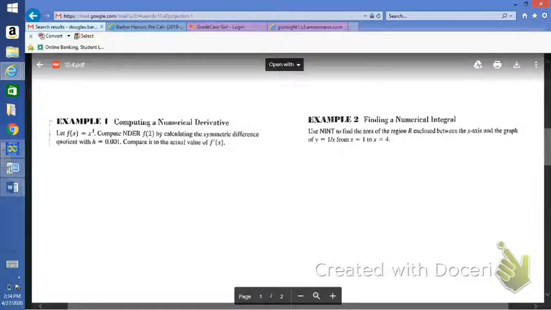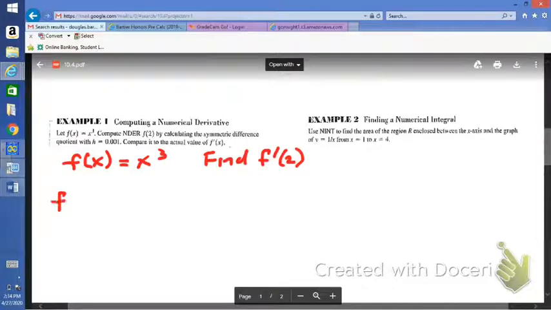Alright, so what we want to do is we know that f of x, our function, is going to equal x cubed, and we want to find f prime of 2. Alright, so we want to find the derivative at a point, and that point is going to be at x equals 2. So if you remember how to do this by hand, we're going to write down our definition.